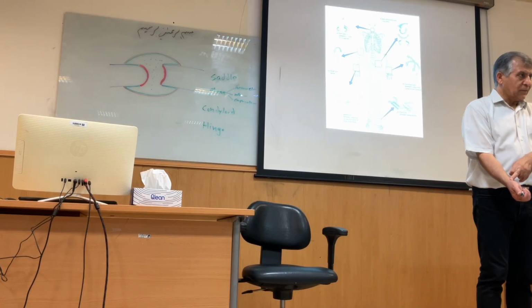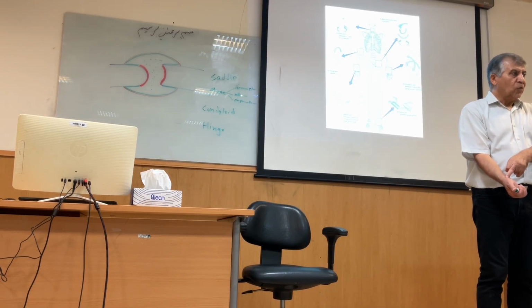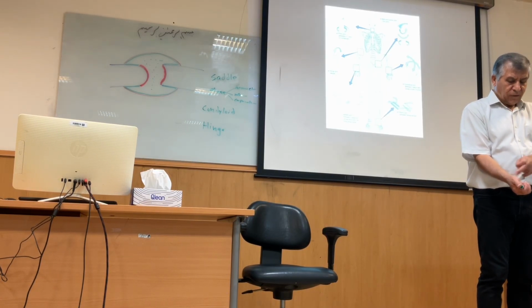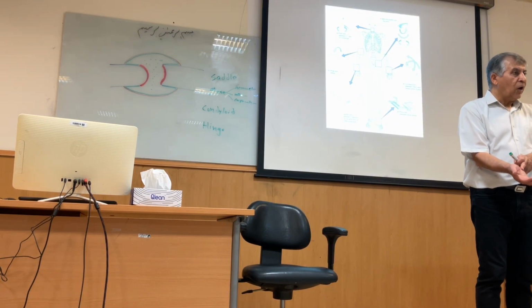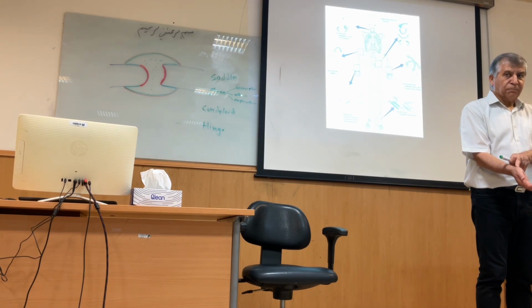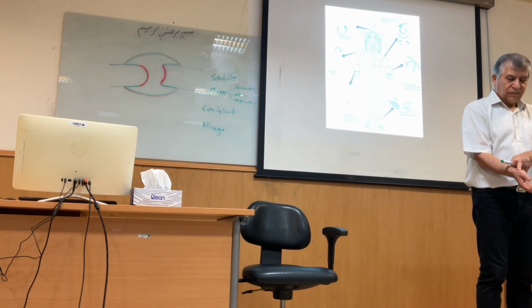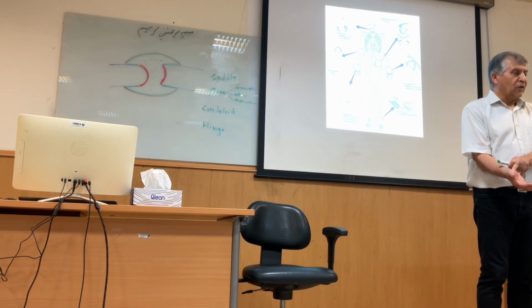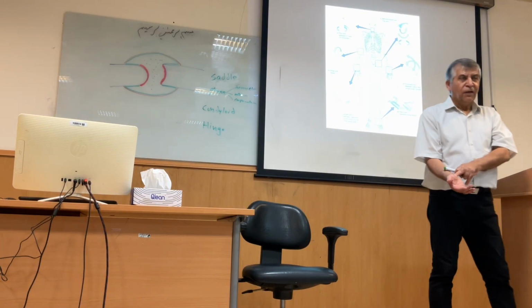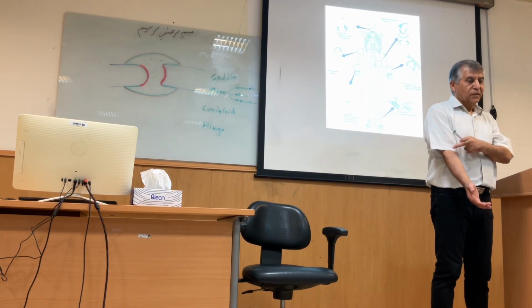Radiocarpal or wrist, condyloid. Carpometacarpal: all are plane, except the first, which is saddle. Metacarpophalangeal, condyloid. Interphalangeal, hinge. Intercarpal, plane.